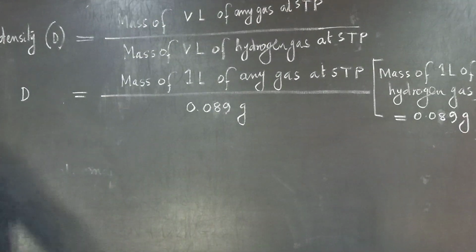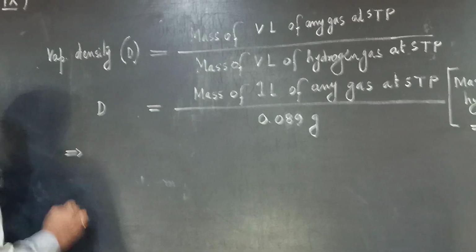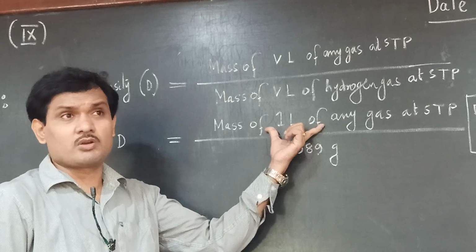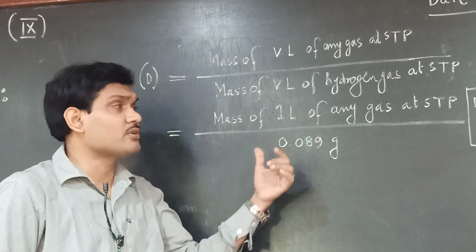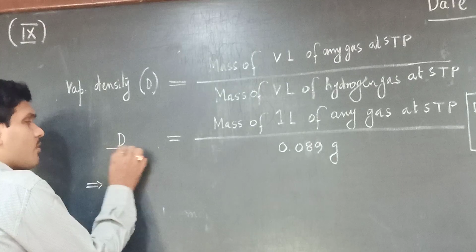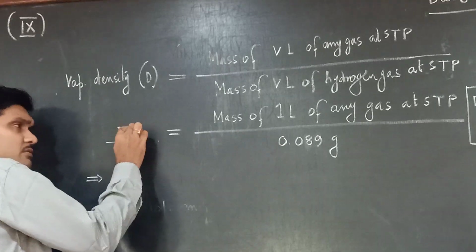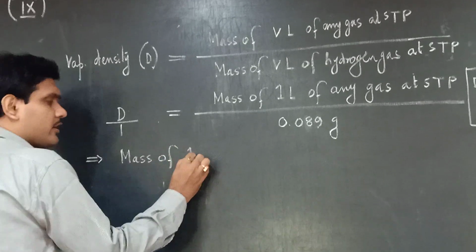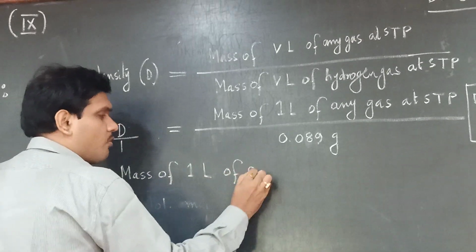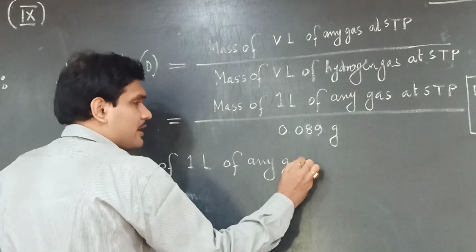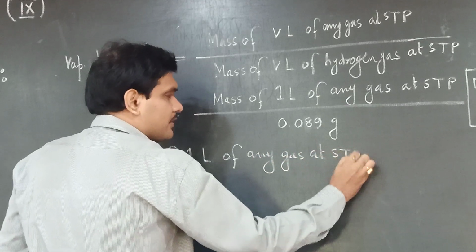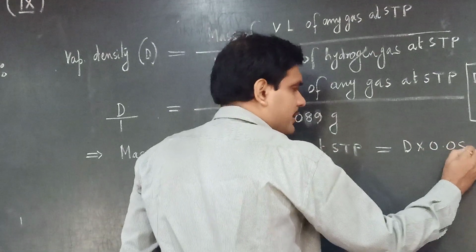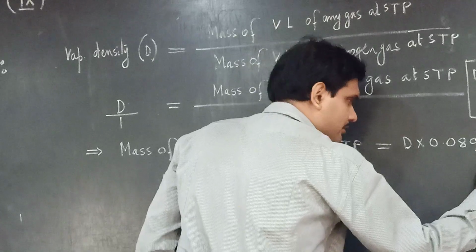So from here, think what will be the mass of 1 liter of any gas at STP. Make a cross multiplication and you will get this result. The mass of 1 liter of any gas at STP is equal to D into 0.089 grams.